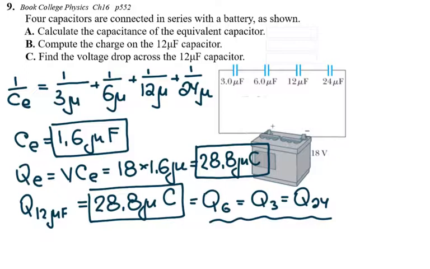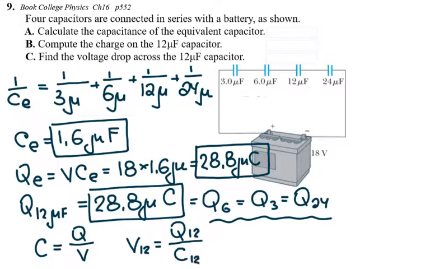And then they ask you to find the voltage. So the capacitance is equal to how much charge per potential difference. So if I want to find the voltage dropped on the 12 microfarad capacitor, that will give me the charge on the 12 microfarad capacitor divided by the capacitance of the 12 microfarad capacitor.